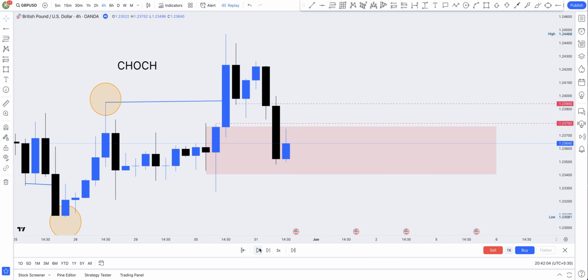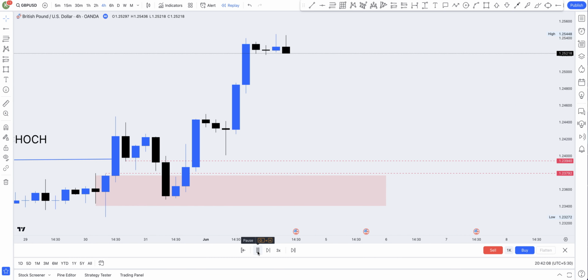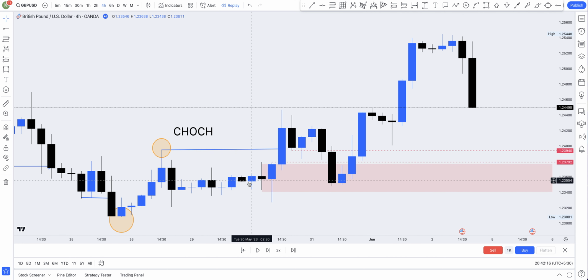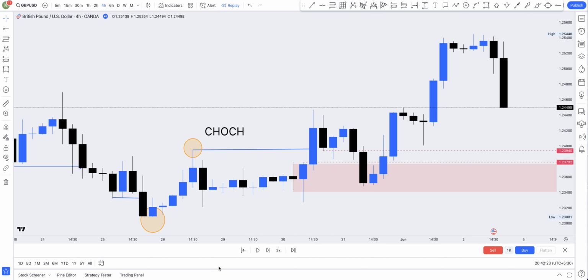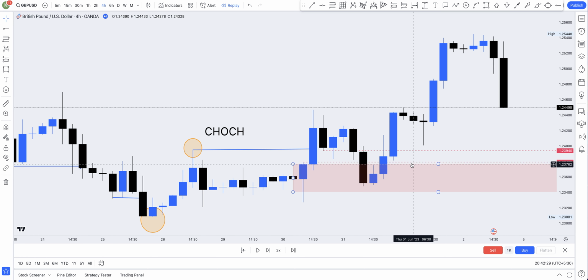So this is how we use a choke to make profit when we are trading. So you see what happened after this. Look, we now had a series of break of structures here. So we have a push, exhaustion, push, exhaustion, push, exhaustion. So you see how simple this looks. So this is how we use a choke in trading, and this is the simple explanation of what a choke is.